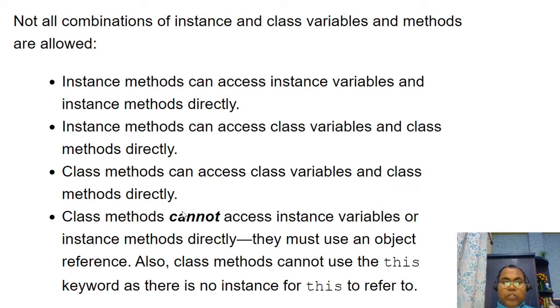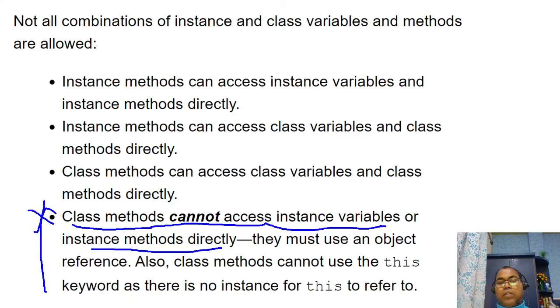Here is the one point we have to note: a class method, a static method, cannot access an instance variable or instance method directly. This is the checkpoint you have to ensure.